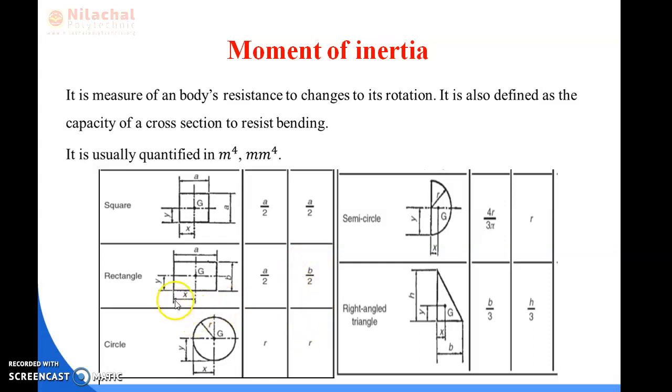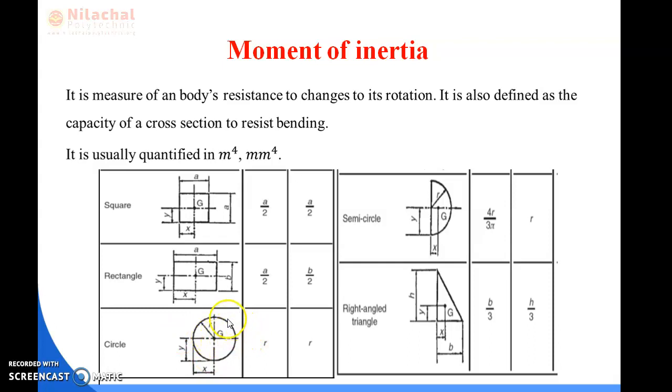So now come to the circle. Again it is a symmetrical section, so you can cut in the y-axis as well as the x-axis. It gives the same value because in all directions it gives a diameter which is the same along the x-axis or the y-axis.